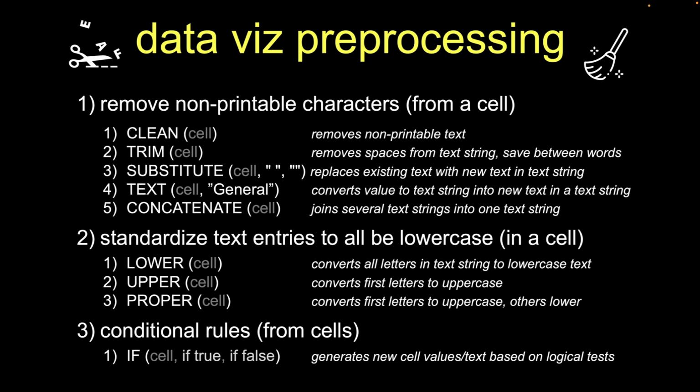And so lower will just turn everything into lowercase letters. Upper will turn everything into uppercase letters. And proper will turn it into whatever the text is, the very first letter will be capitalized. So if I wrote Los Angeles with all lowercase letters, it would turn it into capital L, lowercase o, lowercase s, and then capital A, rest lowercase for Angeles.